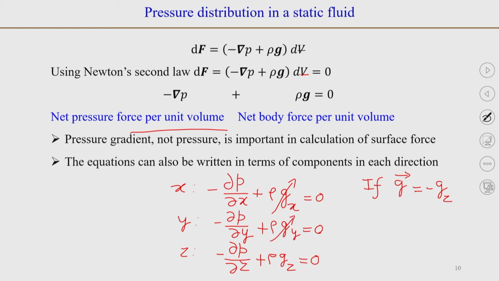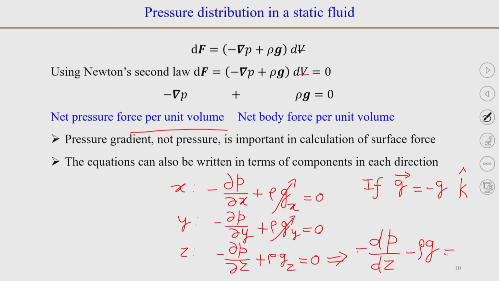So, that means pressure will be constant along the x direction, pressure will be constant along the y direction, and because the pressure will depend only on z, we can write minus dP over dz minus rho g k equal to 0, where g is the value of gravitational acceleration.